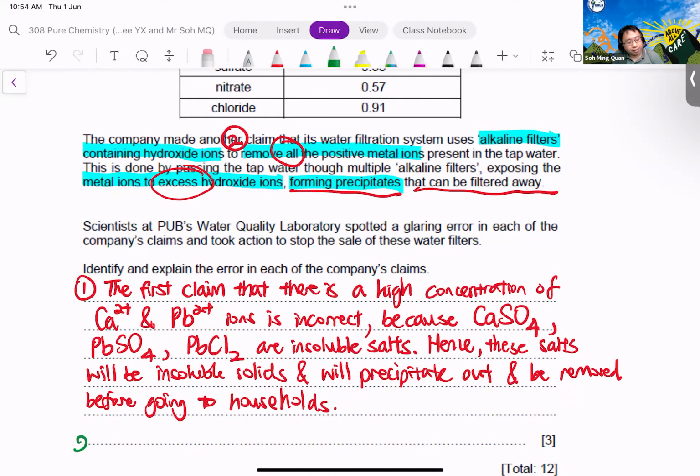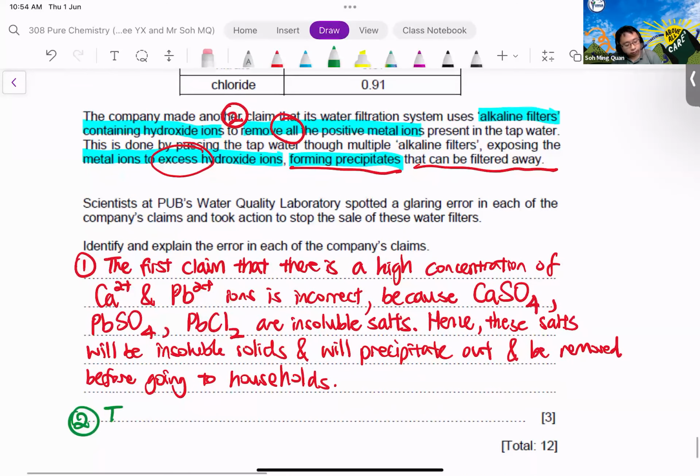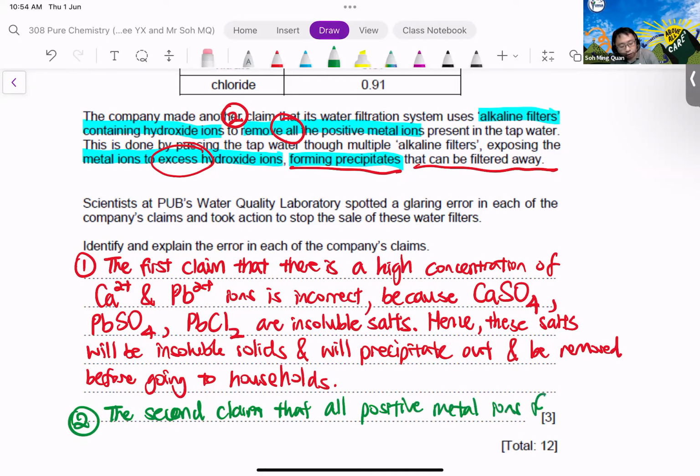To add on, the second claim that all the positive metal ions form precipitates, PPT, that can be filtered away is incorrect.